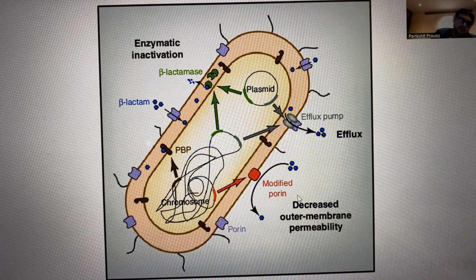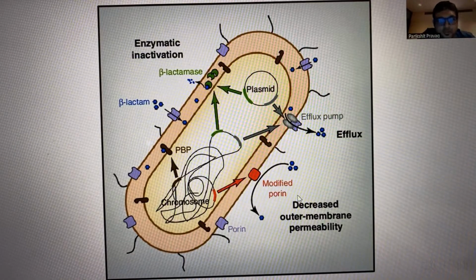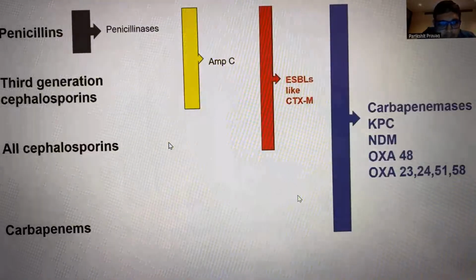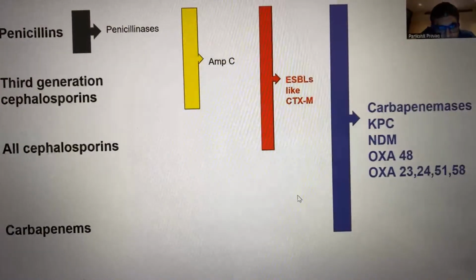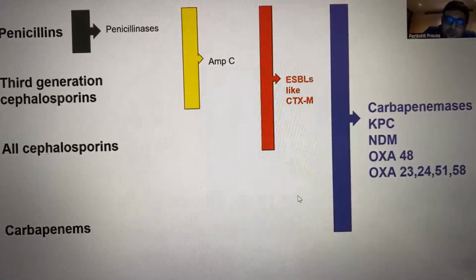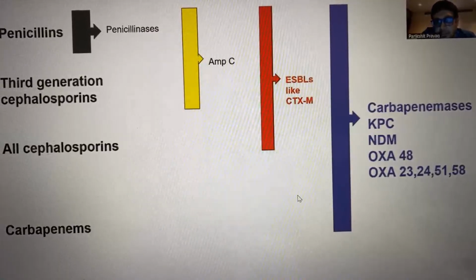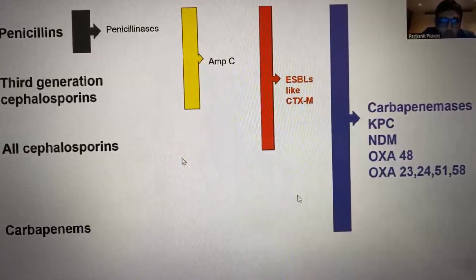So these are the 4 main ways in which a gram-negative organism can become resistant to beta-lactam antibiotics. I'm going to be focusing on carbapenem resistance this evening. With these various enzymes, you could have penicillinases, AMCs, ESBLs, and then carbapenemases, which is what we are going to focus on.